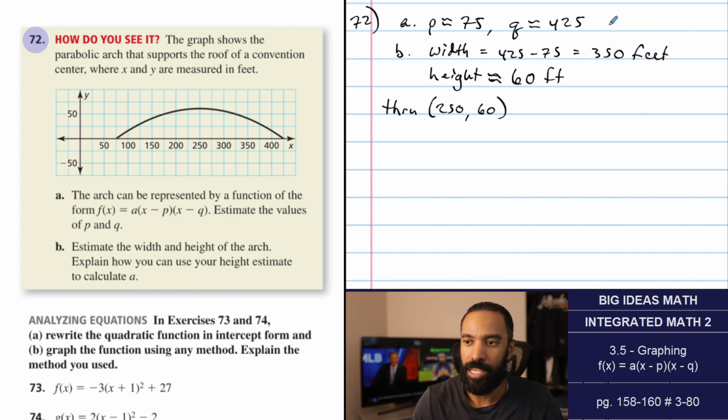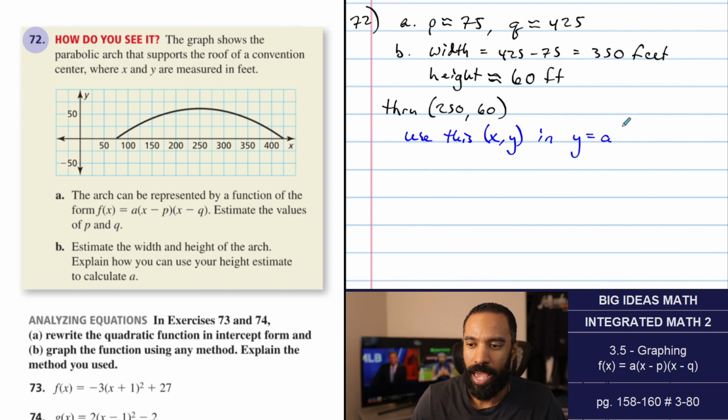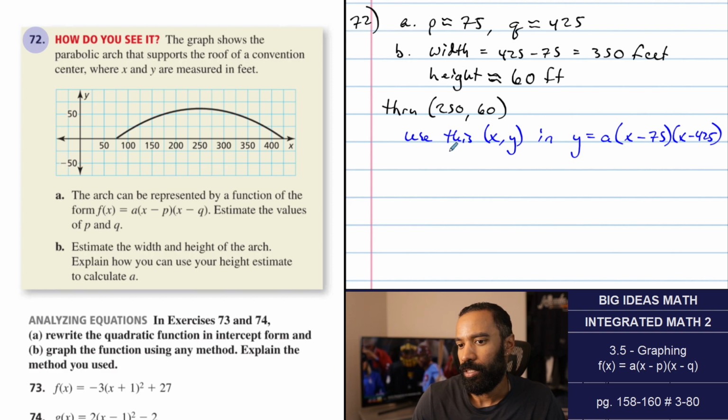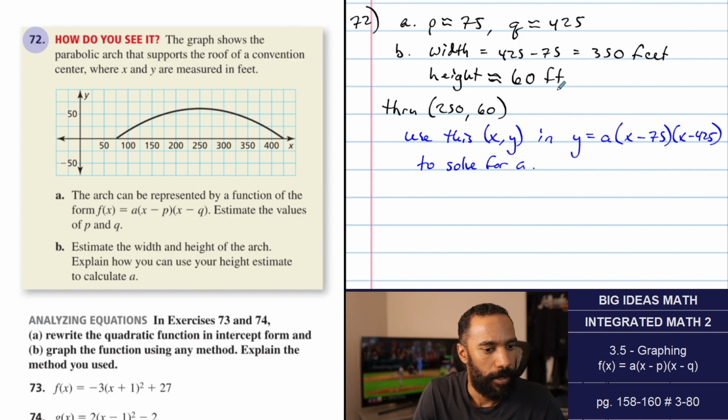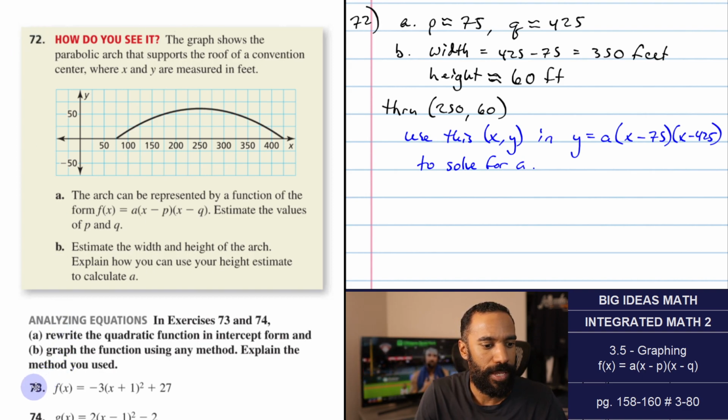So use this x, y in y equals A times x minus 75 times x minus 425, because those are those numbers there, to solve for A. Now, they don't ask us to. They just say explain how you can. That's it.